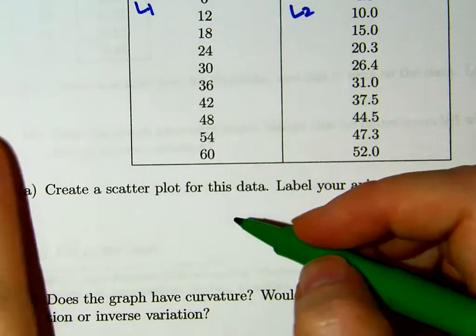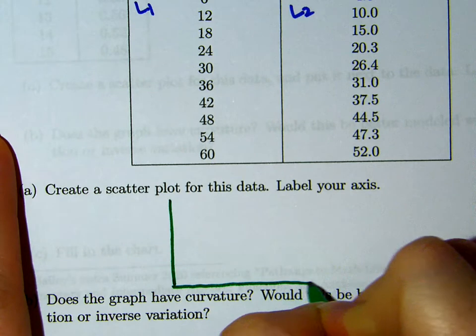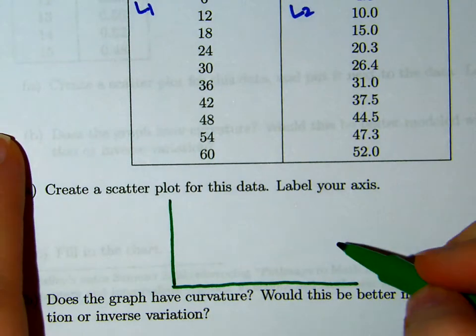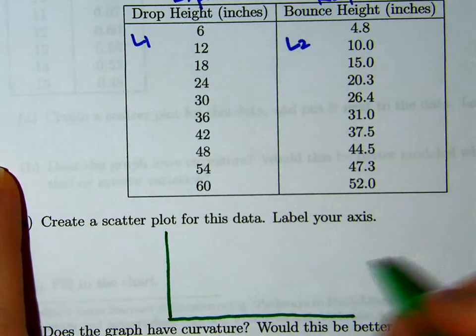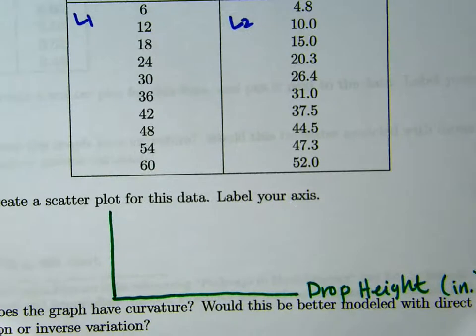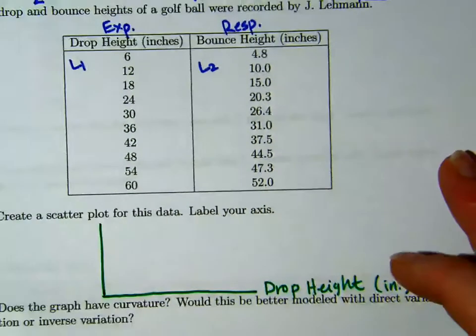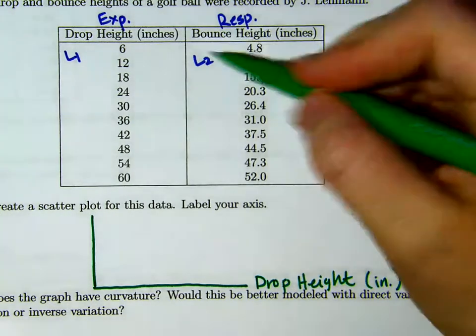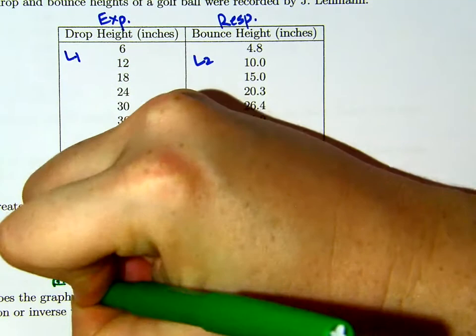Create a scatter plot for this data. All right, so along our horizontal is the explanatory variable, drop height, in inches. And along our vertical is the responding variable, that's the bounce height in inches.